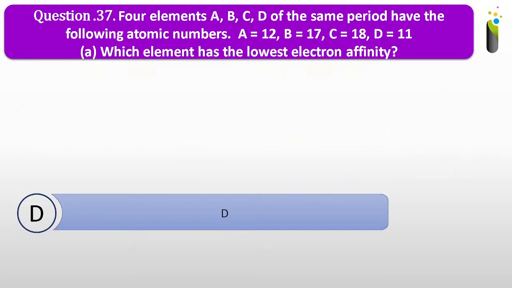So the correct answer for this question is D. D is the element which will have the lowest electron affinity. Going to the next question, number 37.